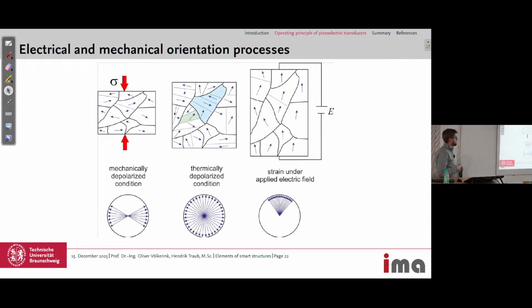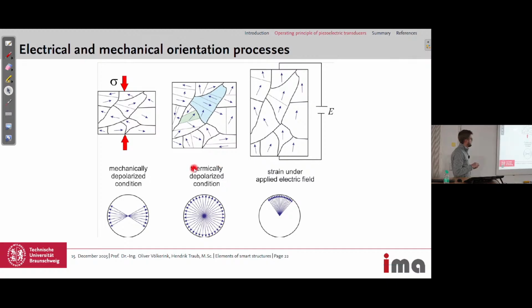We can also depolarize the piezoceramic. It could be depolarized due to a mechanical stress. Then the depolarized condition looks most of the time like we have some domains oriented in one direction and one in the opposite direction, but they cancel each other out, so we have no macroscopic polarization.